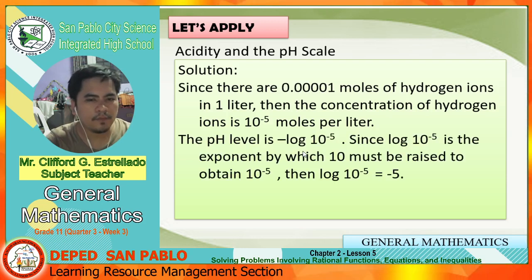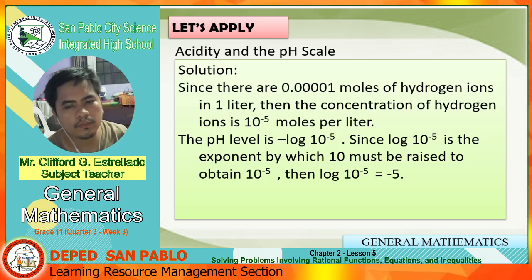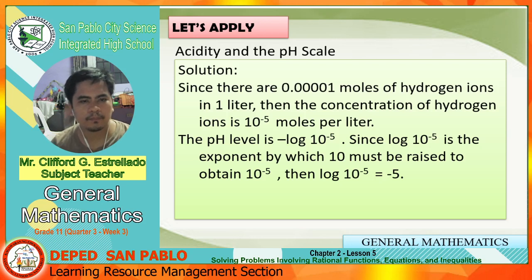The pH level is the negative logarithm of 10 raised to negative 5. Since the logarithm of 10 raised to negative 5 is the exponent by which 10 must be raised to obtain 10 raised to negative 5, the logarithm of 10 raised to negative 5 is equal to negative 5.